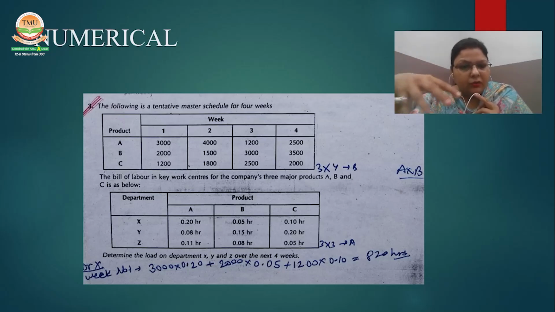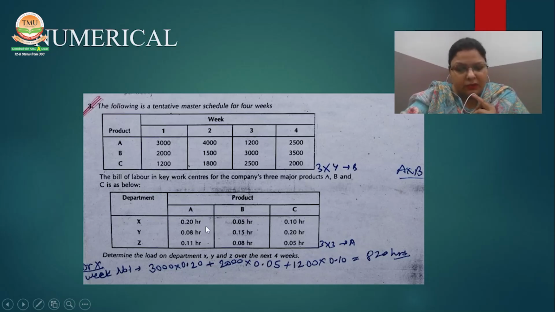Now the work schedule is divided into 3 departments: X, Y, and Z. You can see that product A in X department will be produced in 0.20 hours, product B in X department in 0.05 hours, and product C in X department in 0.10 hours.